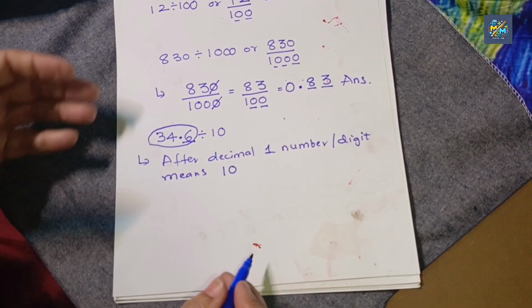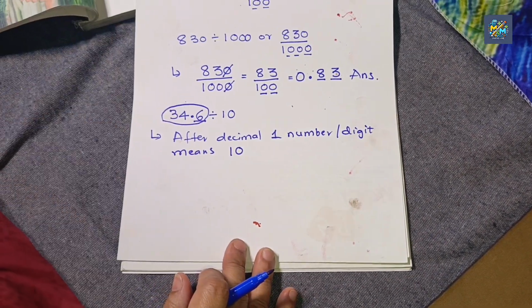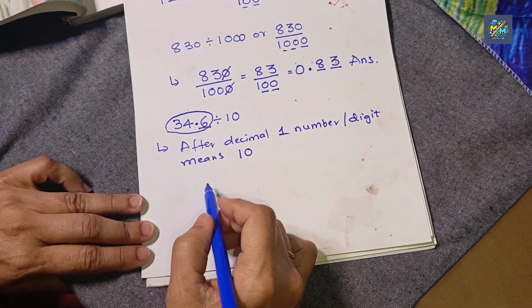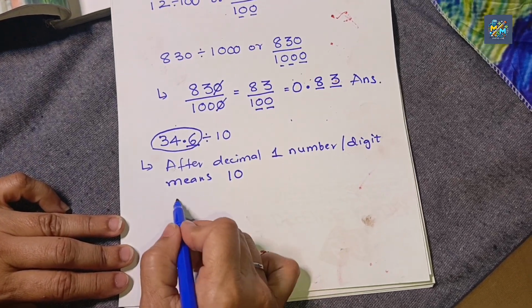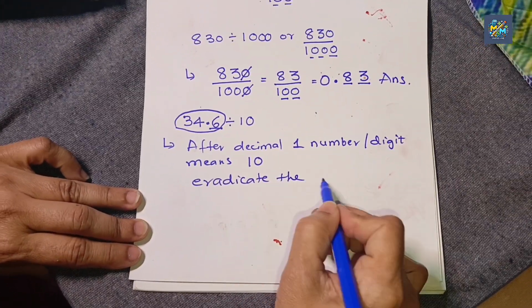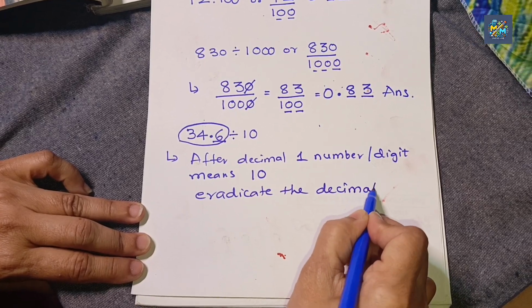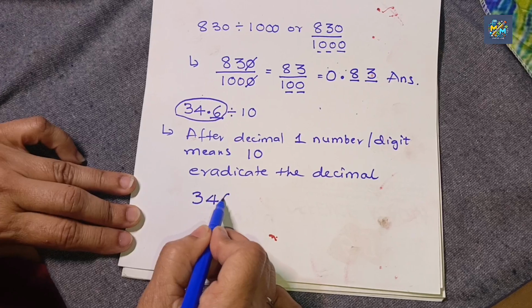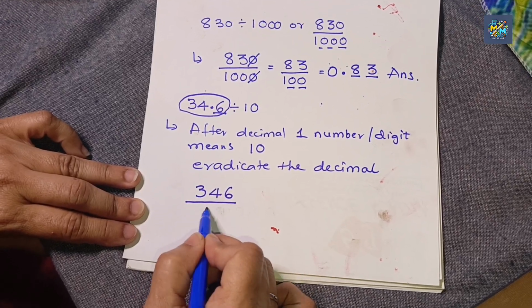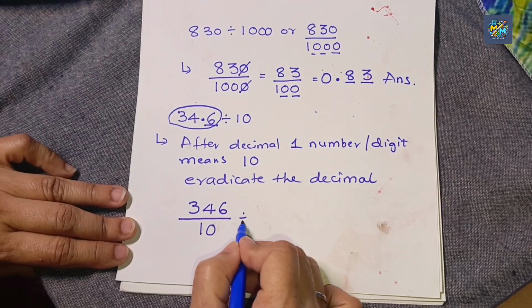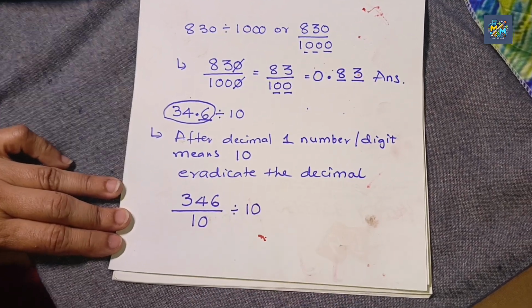10. Okay, so what am I going to do? I'm going to eradicate the decimal. So it will be somewhat like 346 upon 10 divided by 10.